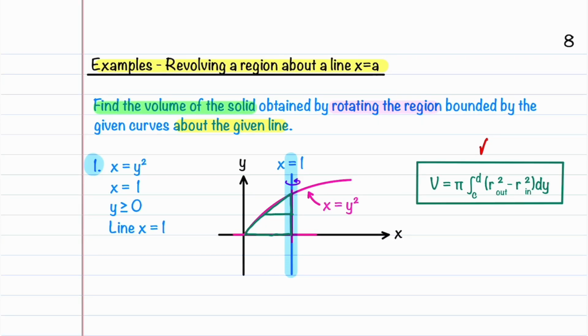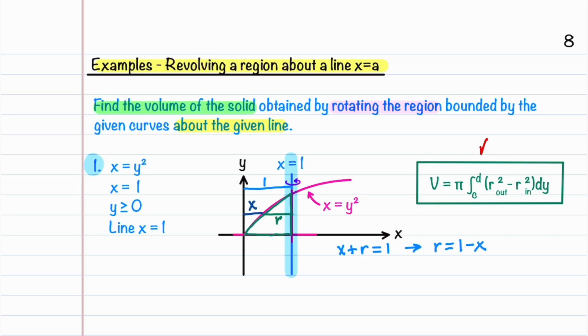This length right here is our radius because the radius is the distance from the curve to the revolving line. And then this distance here is x because x is the distance from the y-axis to the curve. Because this distance here is equal to 1, we can write down that x plus r is equal to 1, and that tells us that r is 1 minus x.